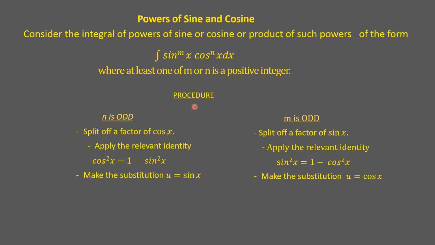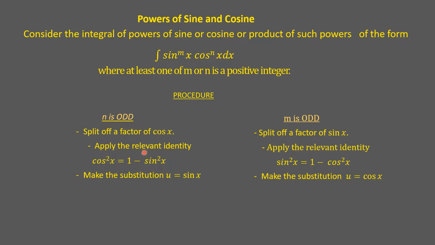Now the procedure to transform the integral is as follows. If it is n that is a positive odd integer, what we do is we split off a factor of cosine x, so that this particular factor of cosine to the nx is now expressed as product of cosine x and cosine to the n minus 1x, where n minus 1 is now a positive even integer.